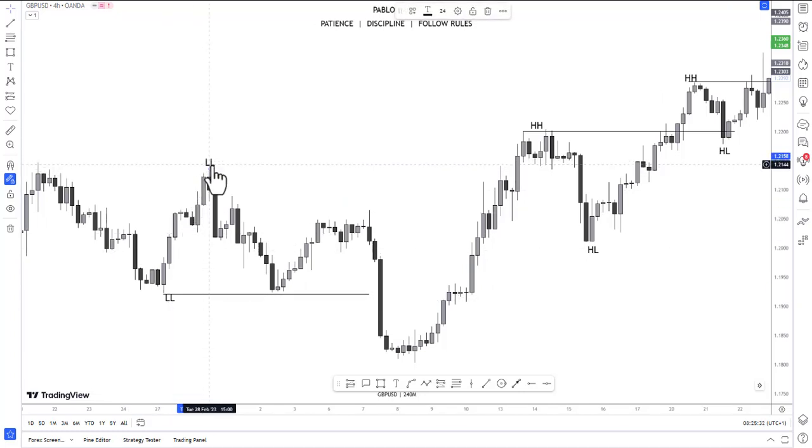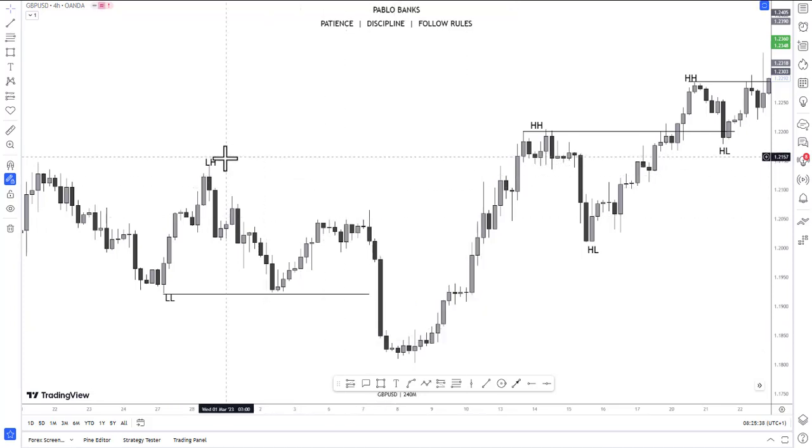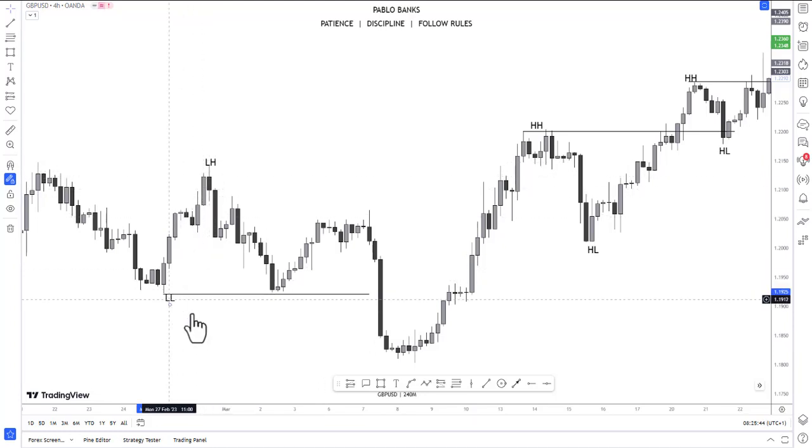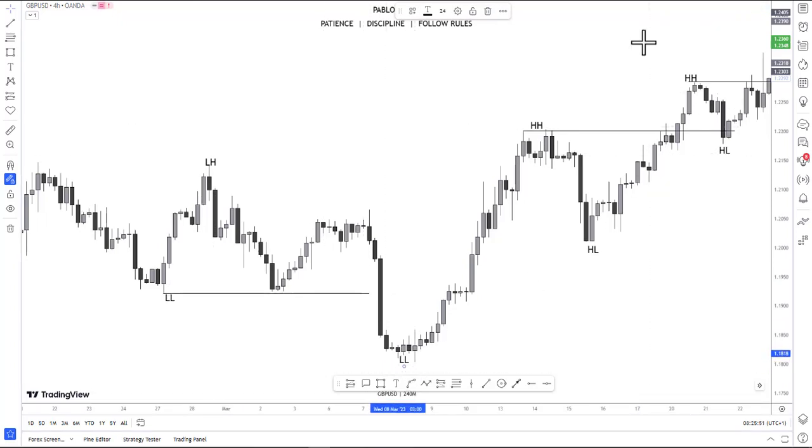This is a basic price action strategy that everybody's traded. I traded this before, and this is a previous lower high. This is a lower low. So this is a lower low.